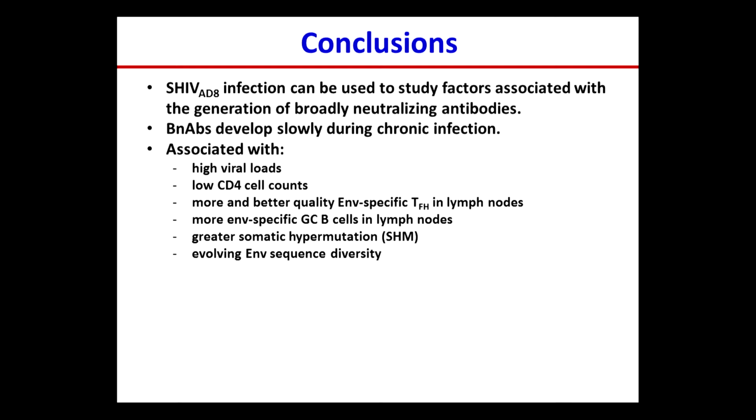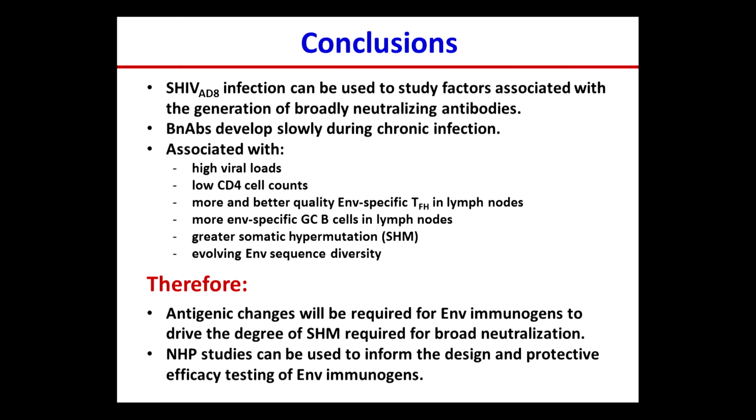What this probably means for vaccine development is that antigenic changes will be required for Env immunogens to drive the degree of somatic hypermutation required for broad neutralization, but we can use these types of non-human primate studies to study that.